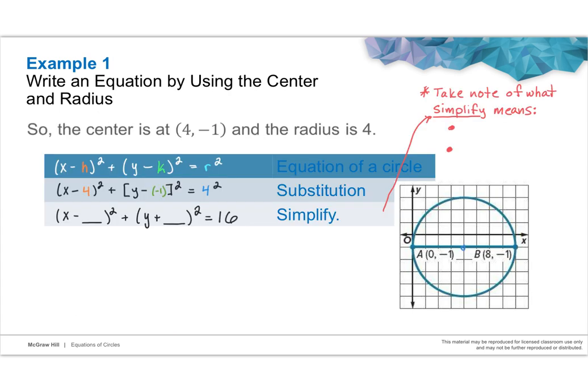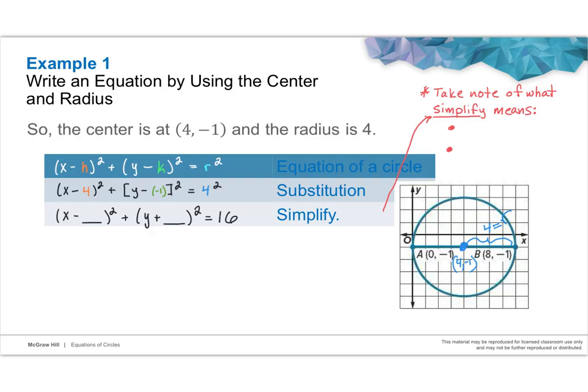Plotting our center on the circle at 4, -1, we can see that the distance from that center to the end of the diameter is 4. So that becomes my radius.